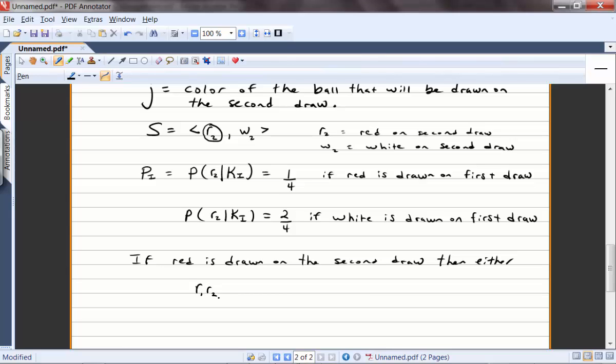If red's drawn on the second draw, then either it was drawn on the first draw as well, or there was a white one drawn on the first draw. Given we're in this state, we're either going to have this being the realization or this being the realization. Once we've had 2 draws, these are the only 2 possibilities that could have happened if red is drawn on the second draw.